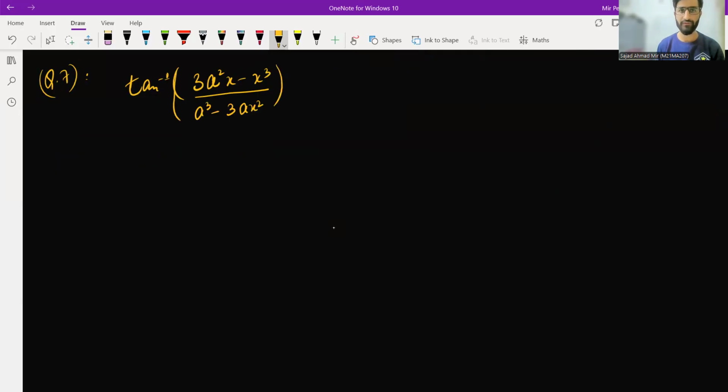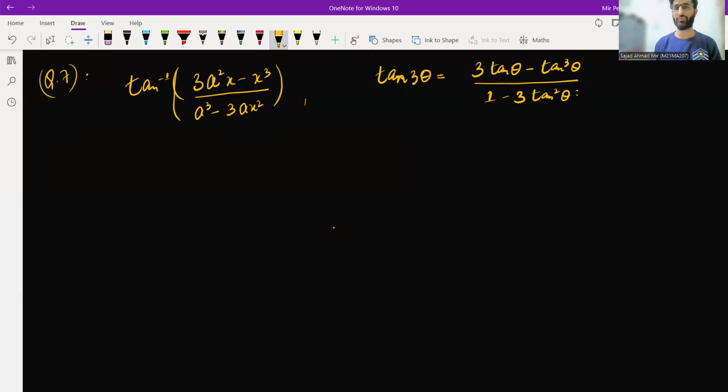We have to simplify this part. So for this, we will use the trigonometric identity tan of 3 theta. That is 3 tan of theta minus tan cube of theta divided by 1 minus 3 tan square theta. This we should know. These are identities from the trigonometric functions. Since we are dealing with the inverse trigonometric functions, we should know all these identities.